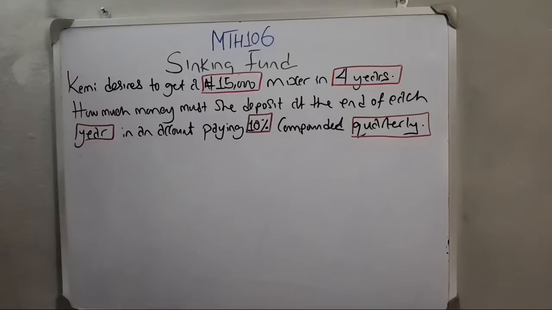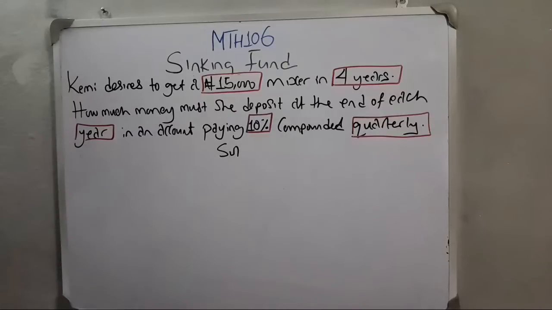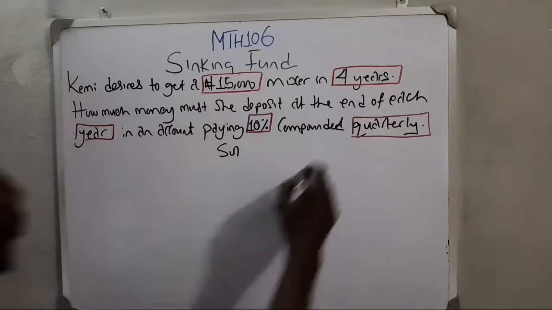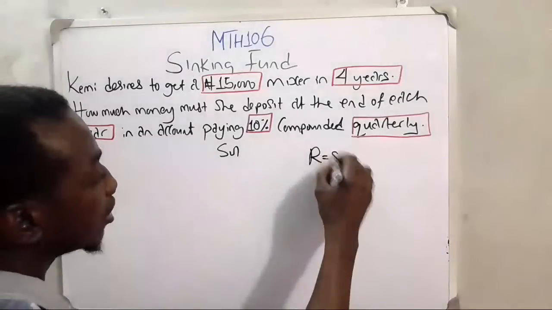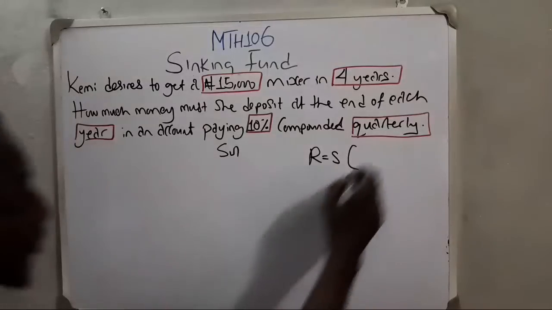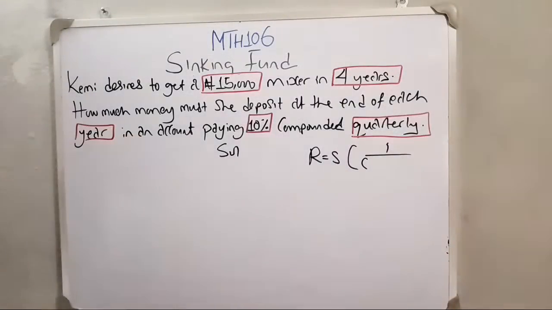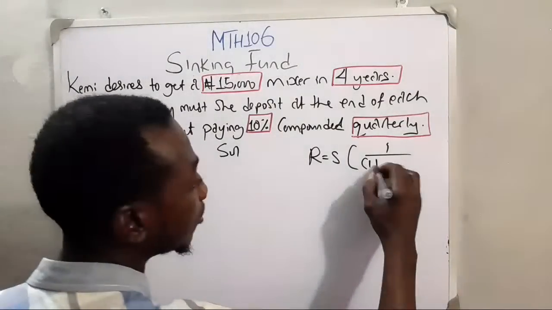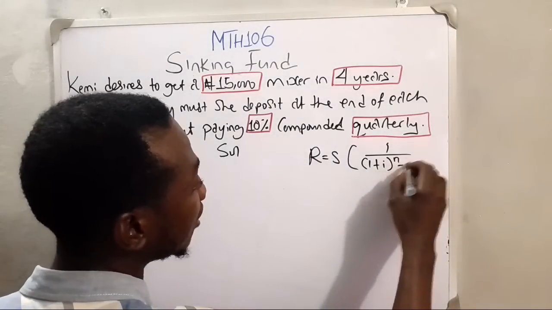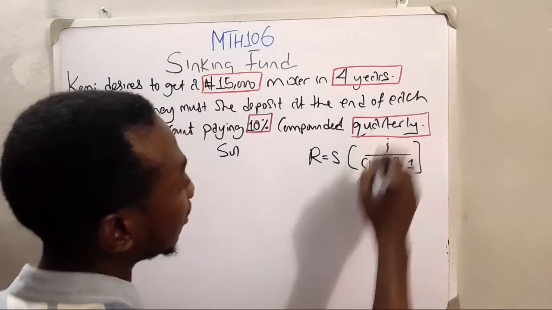Now we have the solution. We have our formula, which is R equals S, I over open bracket 1 plus I to the n minus 1, then we close this bracket.